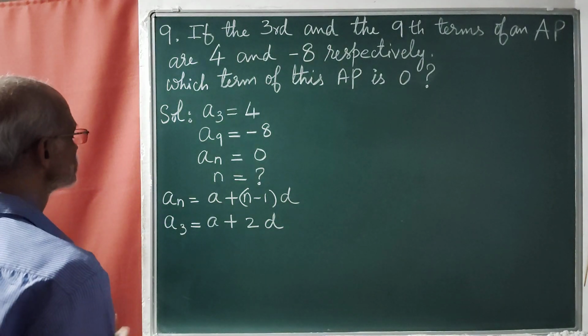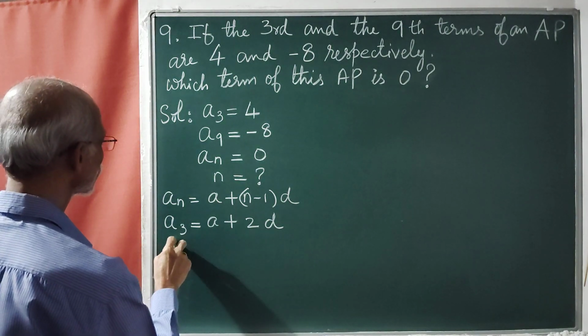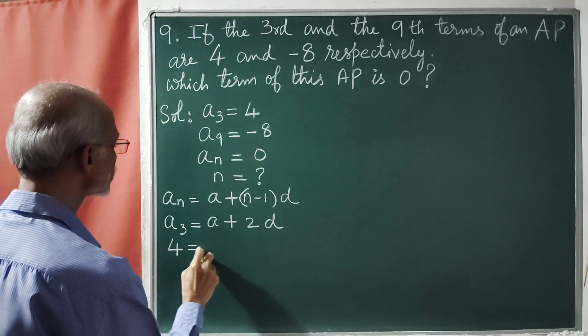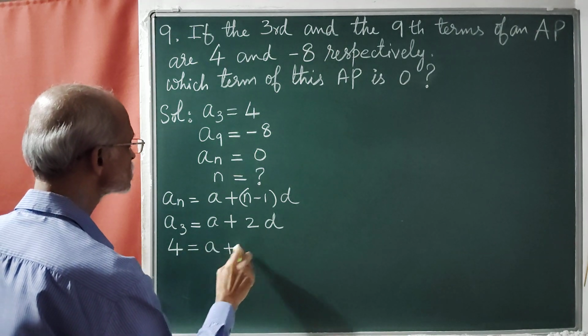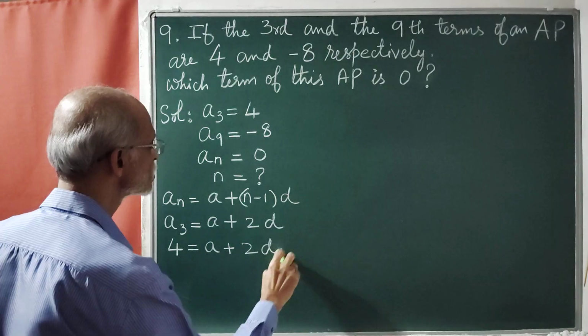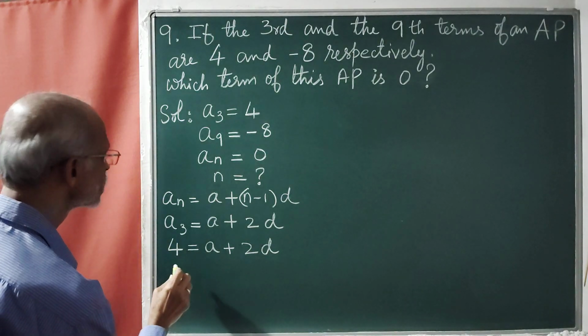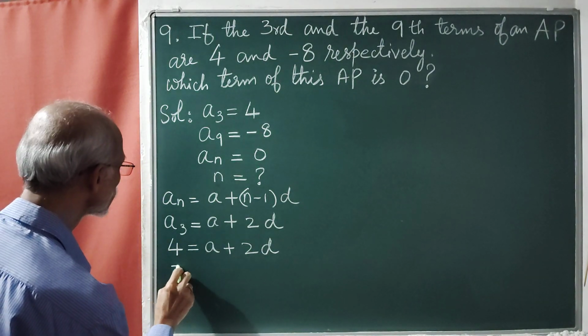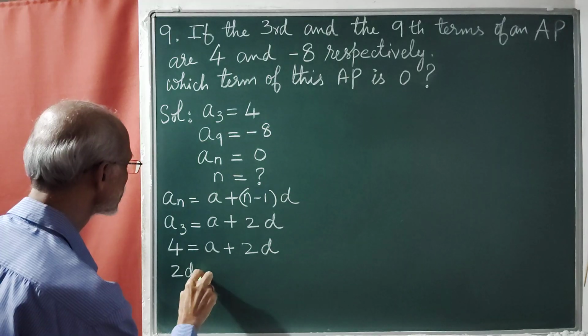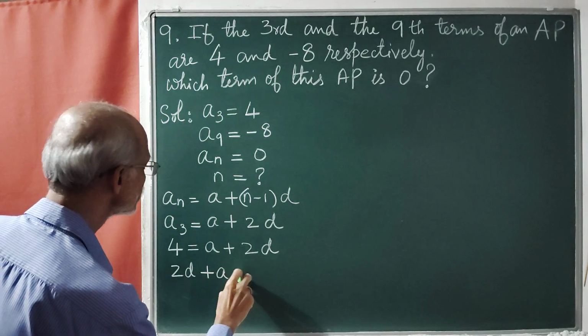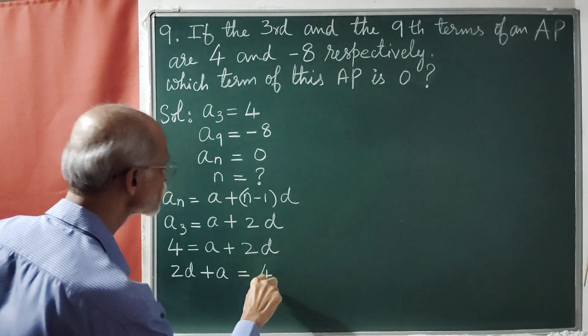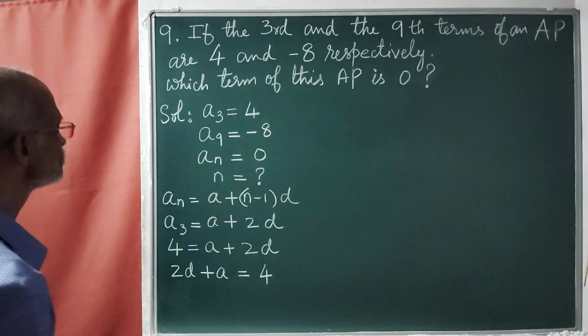So A3 is what? 4. 4 is equal to A plus 2D, or 2D plus A is equal to 4.